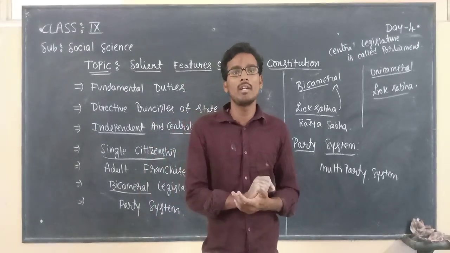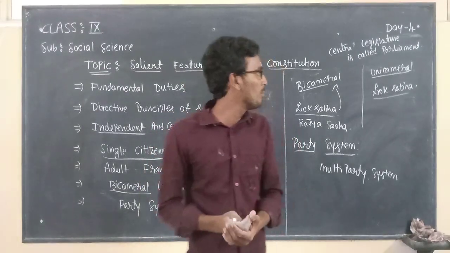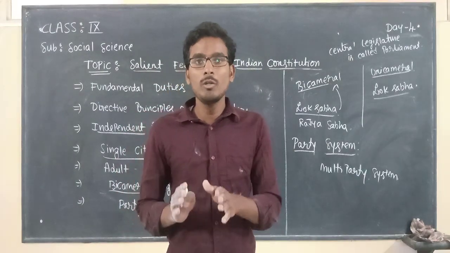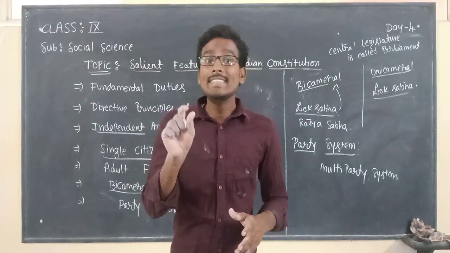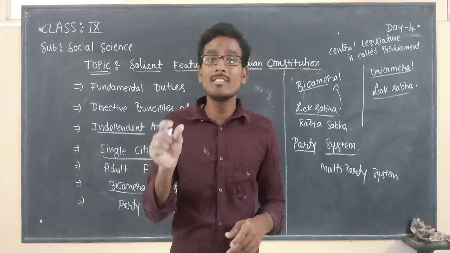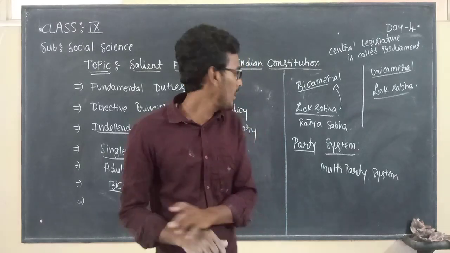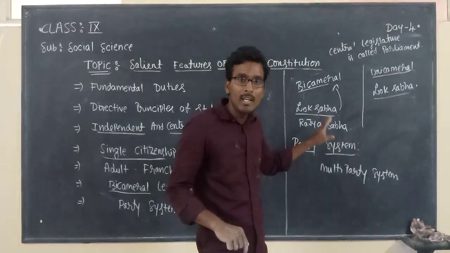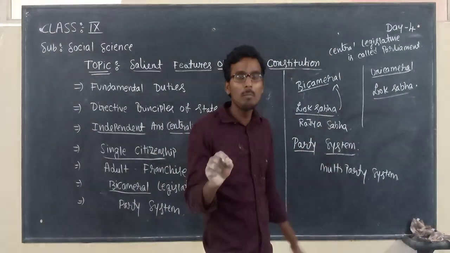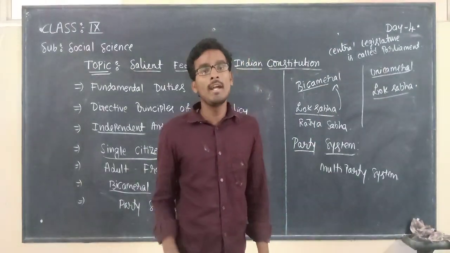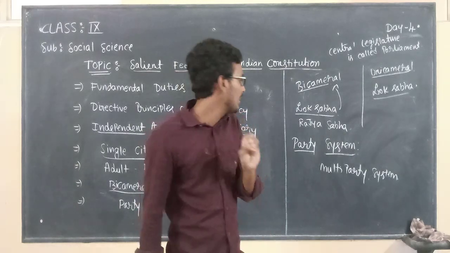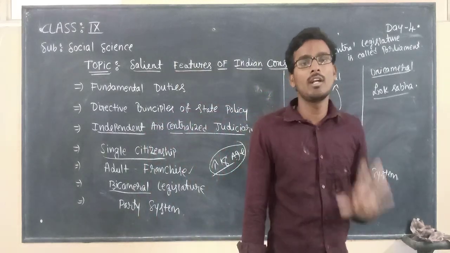Another example, a regional party: take our state Karnataka, JDS, Janata Dal Secular, that is a regional party. So in a democratic country like India, the party system is very important. Political parties have played a very important role.